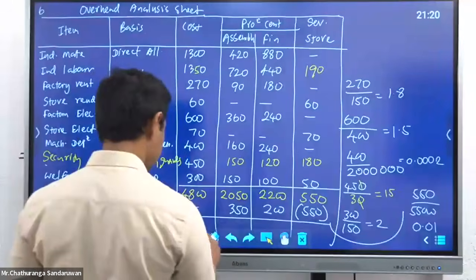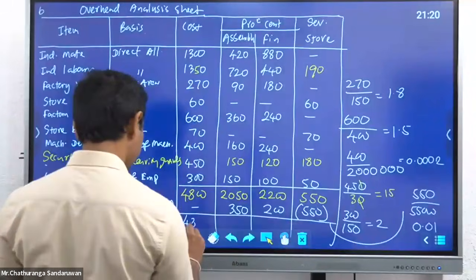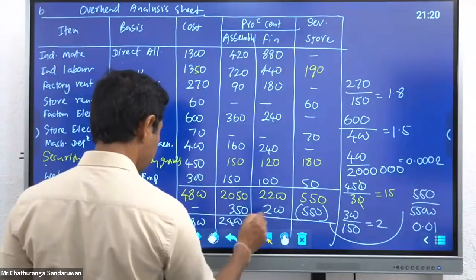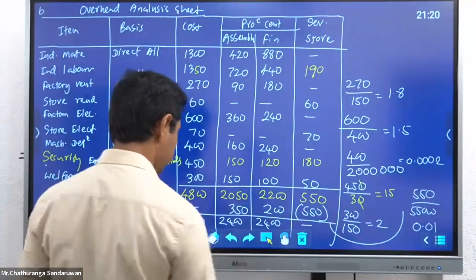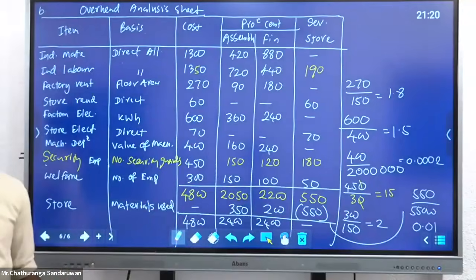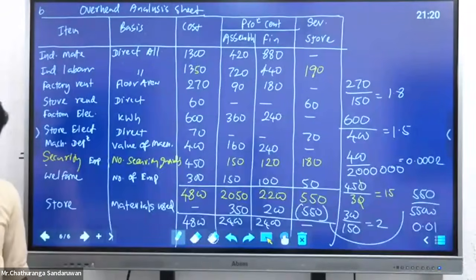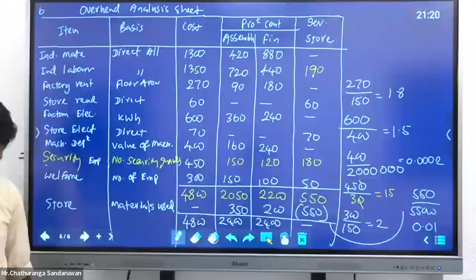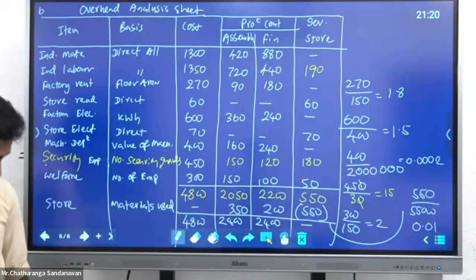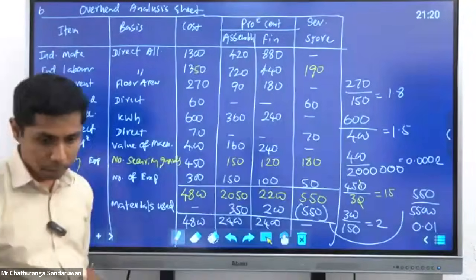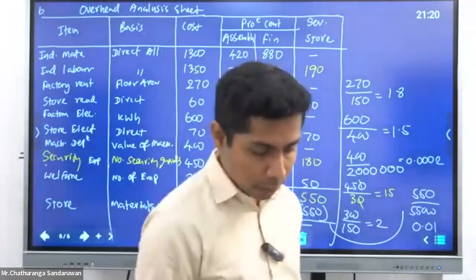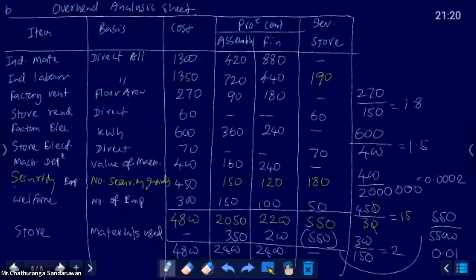So the totals here 4,800, here 2,400, here also 2,400, here 0. All right. Then we can calculate the overhead absorption rate of each production department.